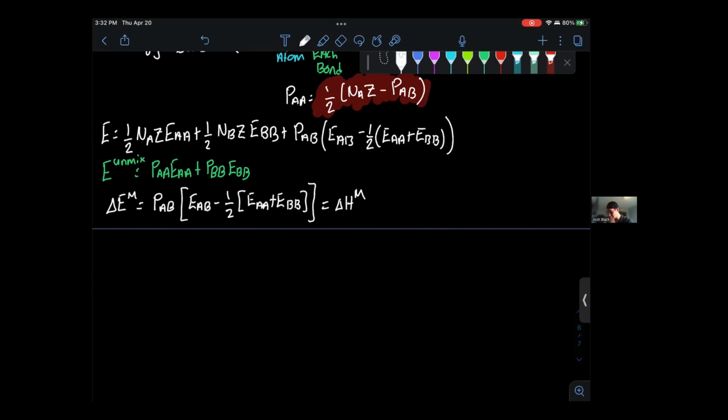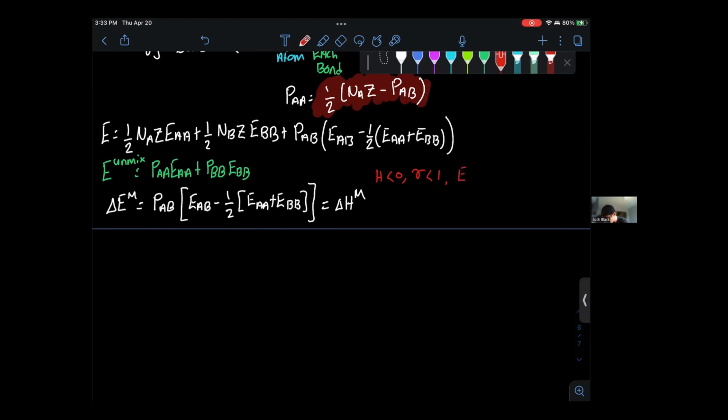So let's think now in terms of non-ideal scenarios. We know that if our enthalpy is less than 0, our activity coefficient is less than 1, and it's exothermic. Since these things here are negative, if the energy of the AB bonds is less than the average like energy, this is going to give us our negative value.